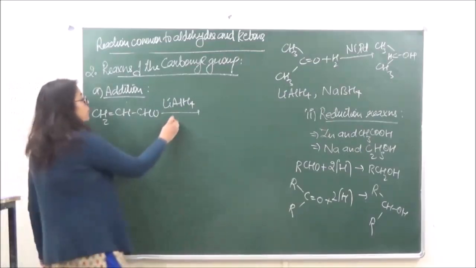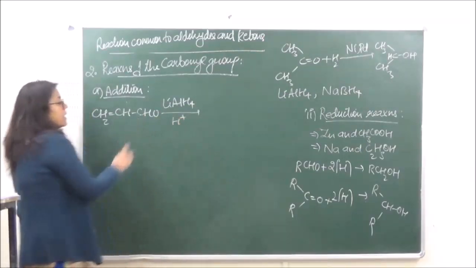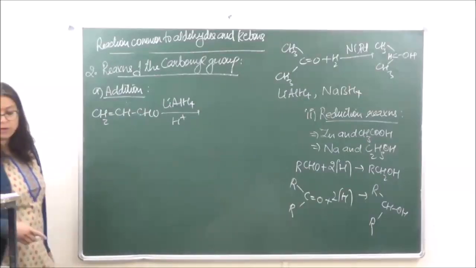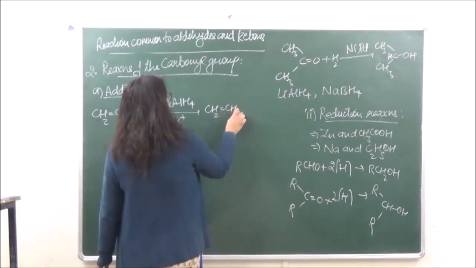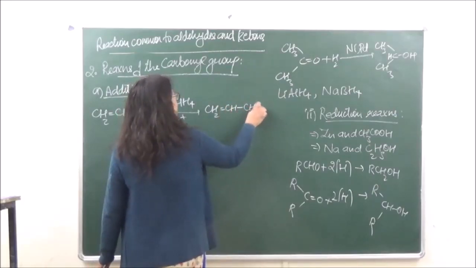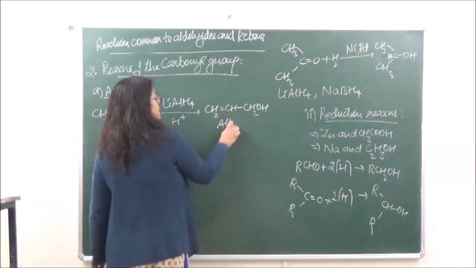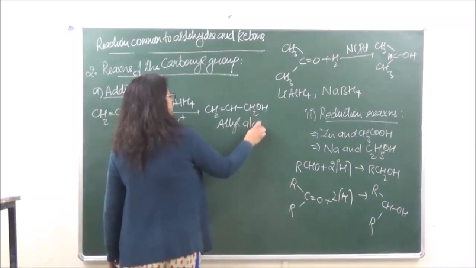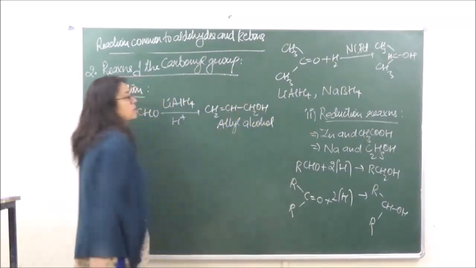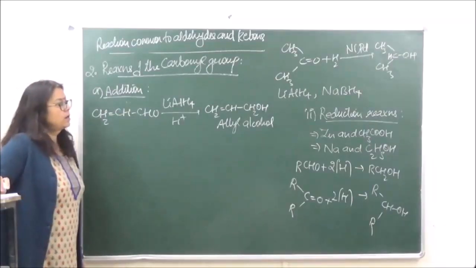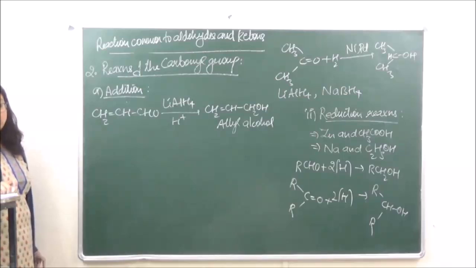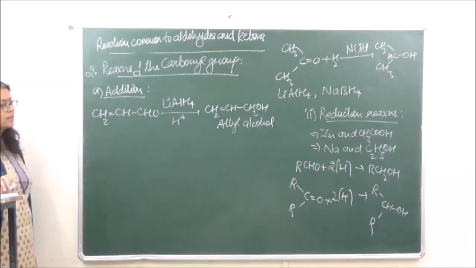The reaction that is going to take place, it is going to be only the CHO group which is going to be changed. So we have CH2 double bond CH, CH2OH. This is known as allyl alcohol. Okay, is it clear?